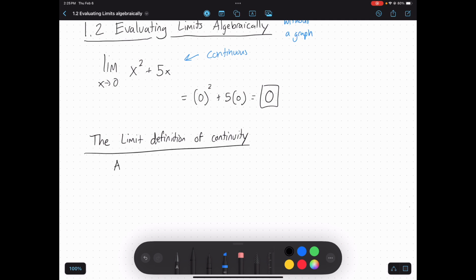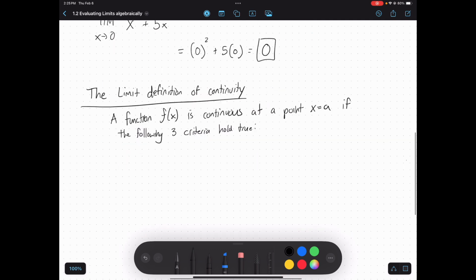A function f of x is continuous at a point x equals a if the following three criteria are true. Criteria 1. Well, first of all, f of a has to exist. The function value has to actually exist. If I plug in the value into my function, I should be able to get some sort of output.